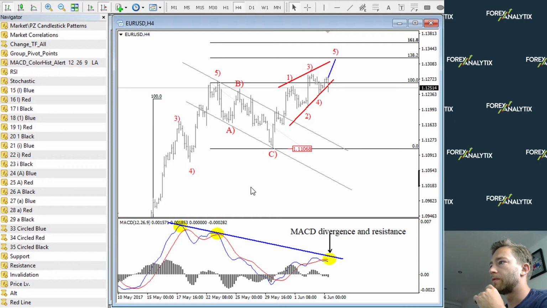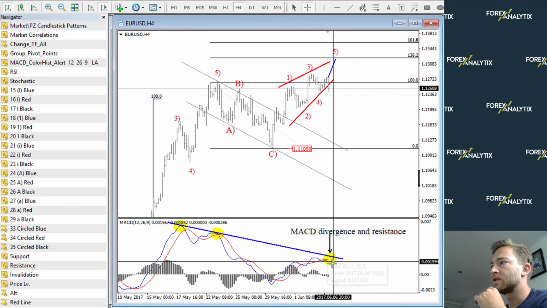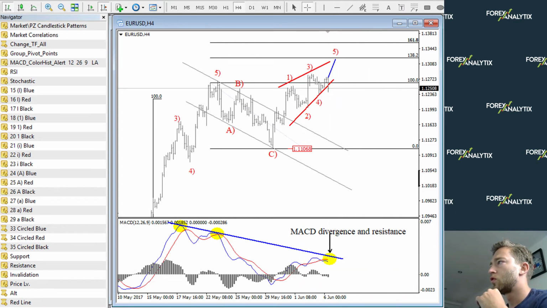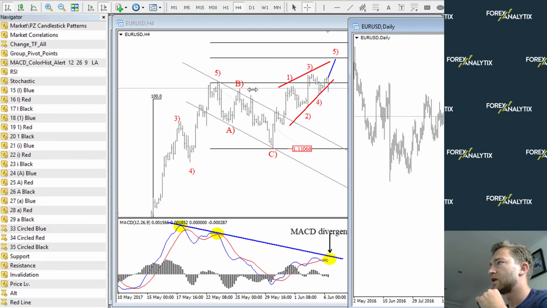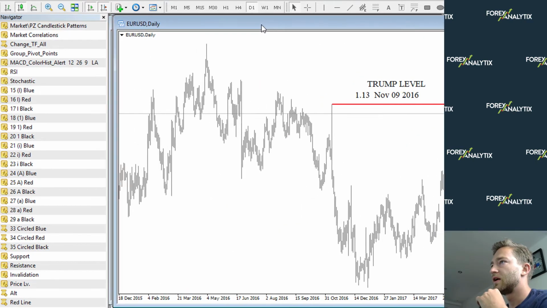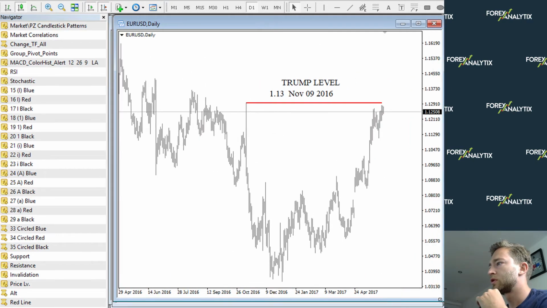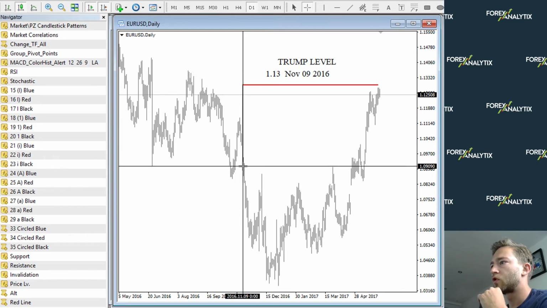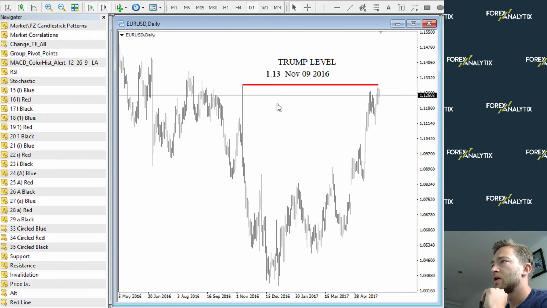Also, there's a MACD that shows a strong divergence from May 18th. You can also see that this trend line will now act as resistance here. I think that the euro is overbought, not to mention this important level, which I think should be tracked very closely, from November 9, when, as you know, Trump won the US election.